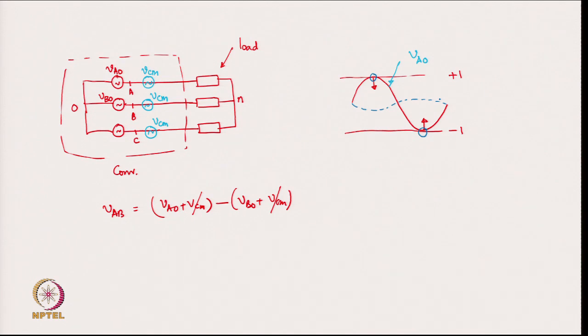However, you can understand that although this waveform here, whatever we have added, will push down the A phase waveform, it is true, it will push it down from its peak, but for the other 2 phases, B phase and C phase, which are somewhere here and here, this VCM is going to push them up.